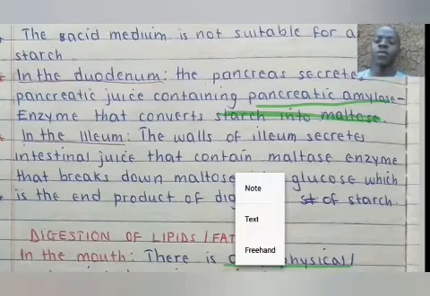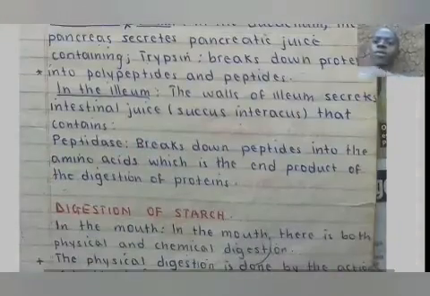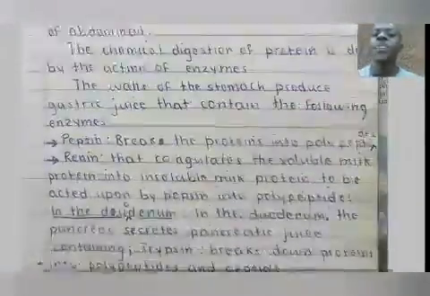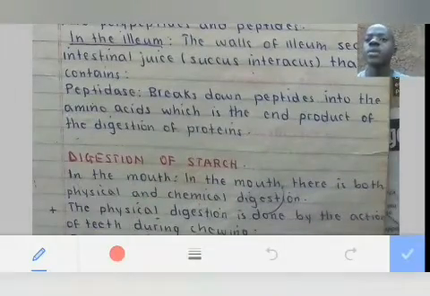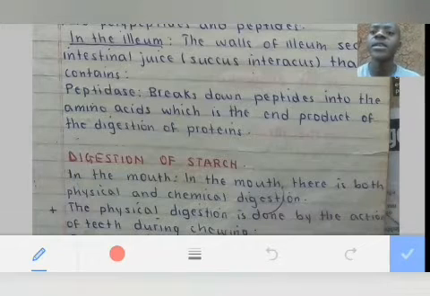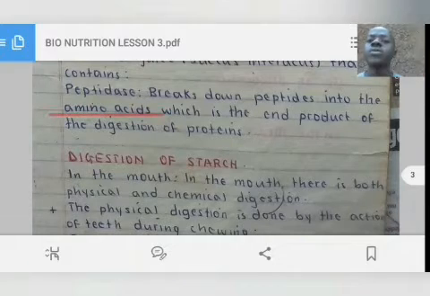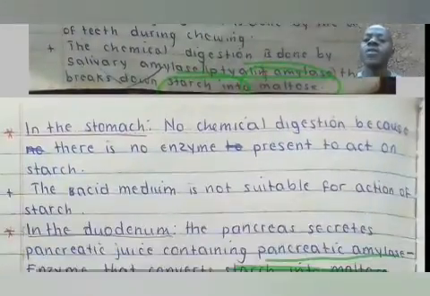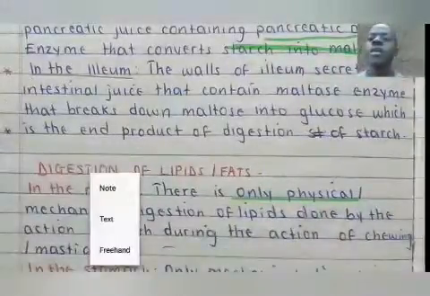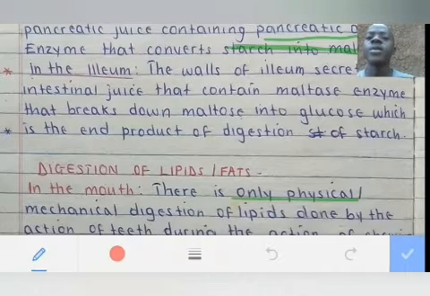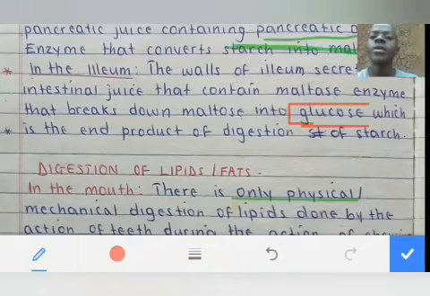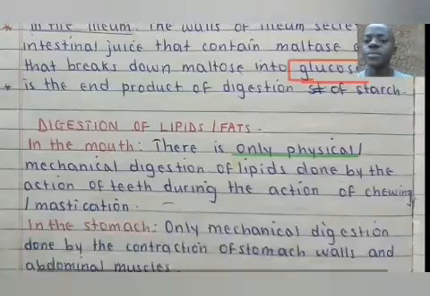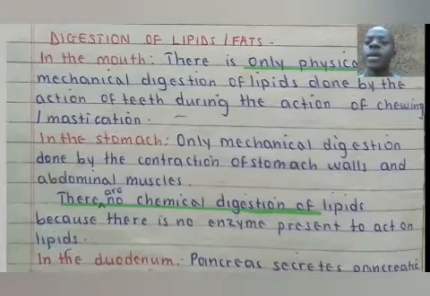So now, from today's lesson, we have seen the digestion of lipids. We have seen the summary of digestion of proteins, and we have seen that the end product of proteins is amino acids. Also, we have seen the digestion of starch, and the end product of starch is glucose. Then we also have lipids.